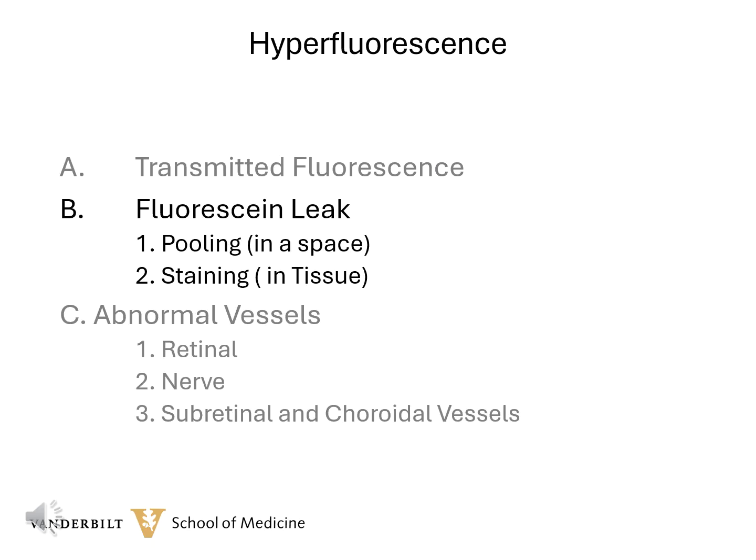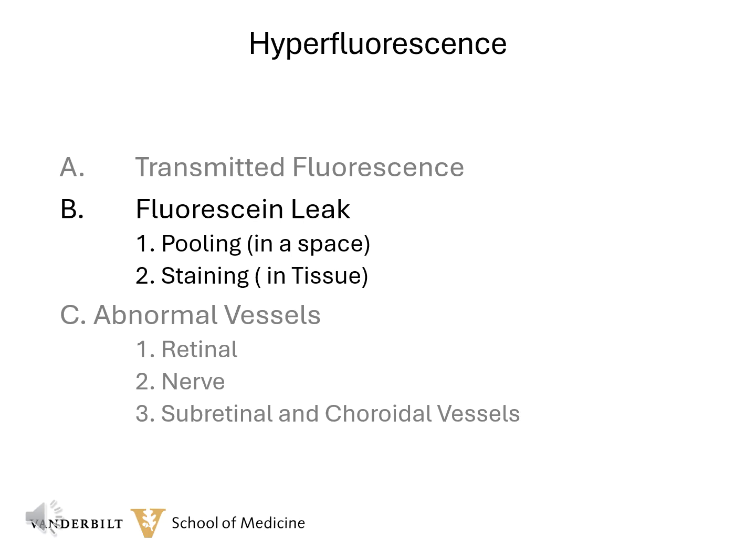So let's start by talking about hyperfluorescence secondary to leakage, and it will do two things. It will either pool in a space or it will stain in tissue. Now this will happen when there's a breakdown of the normal tight junctions or leakage from abnormal blood vessels which do not have any tight junctions in the first place.